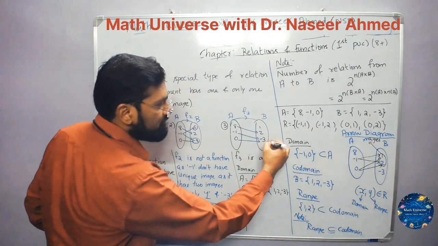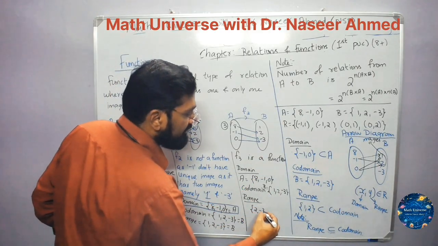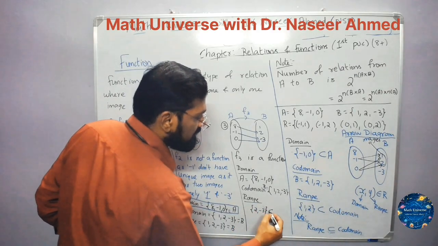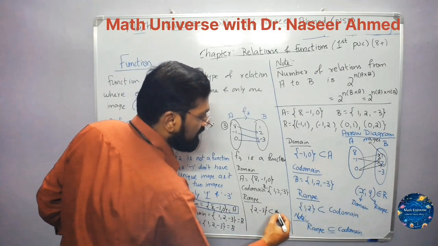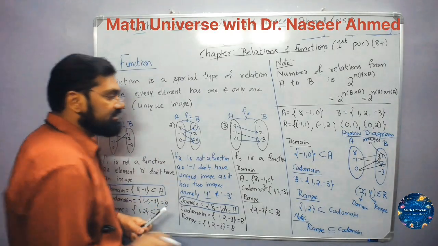What is this? 2 and -3, the set of all the images. And again, this is going to be a subset of codomain B.